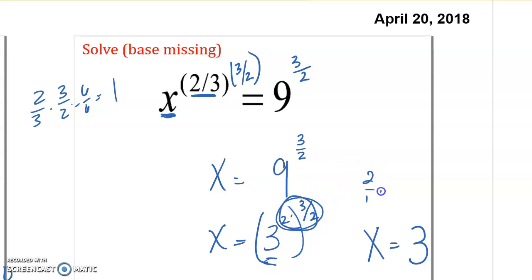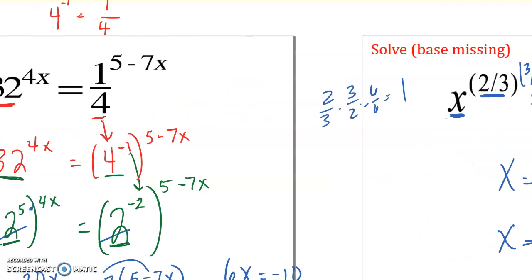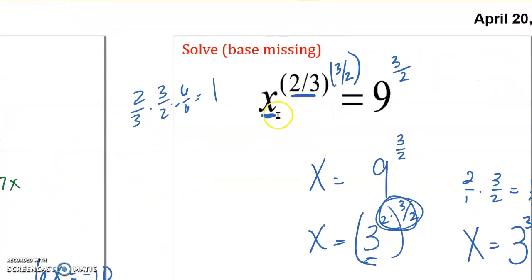So 2 over 1 times 3 over 2 is 6 over 2, which is 3. So this becomes 3 to the 3rd, which is 27. So totally different problem than the other ones, but I just wanted you to see the difference. In this one, the variables are the exponents. In this one, your variable happens to be a base. So just be careful. They're types of problems, but we're going to practice our specific ones.